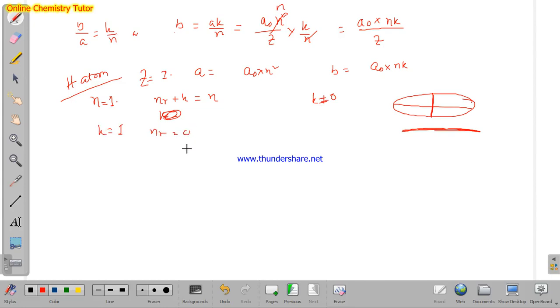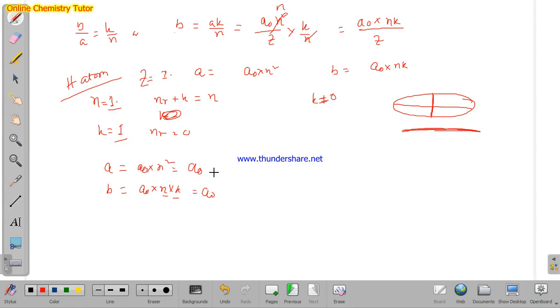Okay. Now what is the value of a here? a equals a0 into n square. Now the value of n equals 1, so that is equal to a0. And what is the value of b? b equals a0 into n into k. Now both the values of n and k are 1, so that is equal to a0.